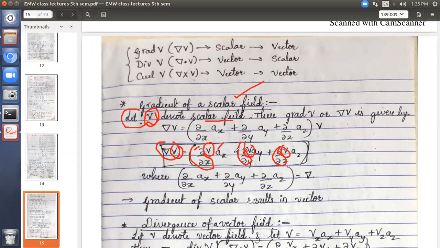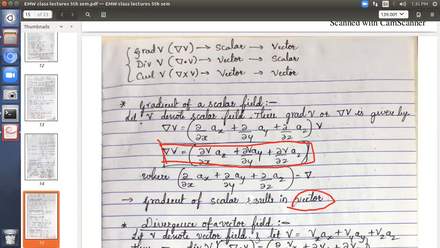And ax, ay, and az are the unit vectors of the three different coordinates. So this is called del V. This equation, what I have written in the box, is the gradient of V, and the gradient of a scalar will give you a vector quantity. This is about the gradient.